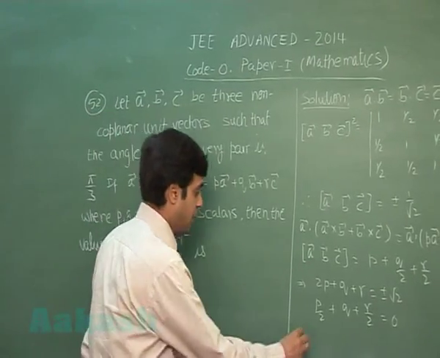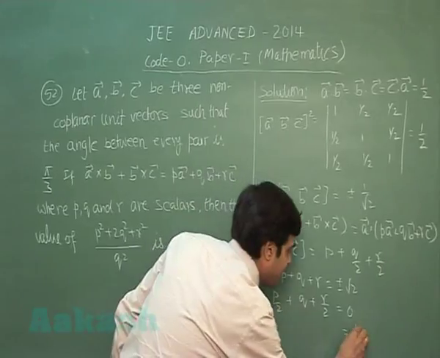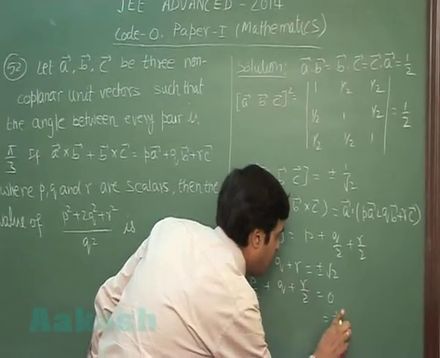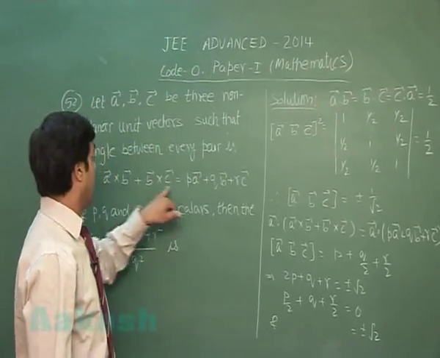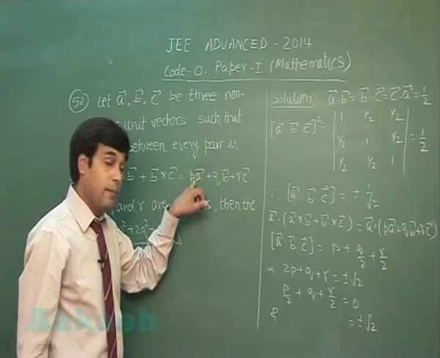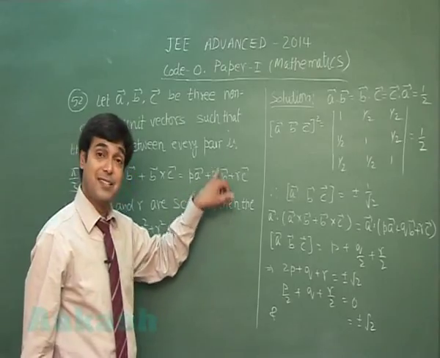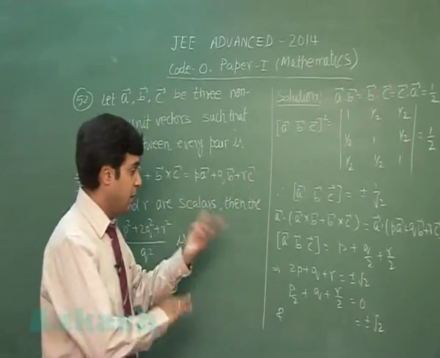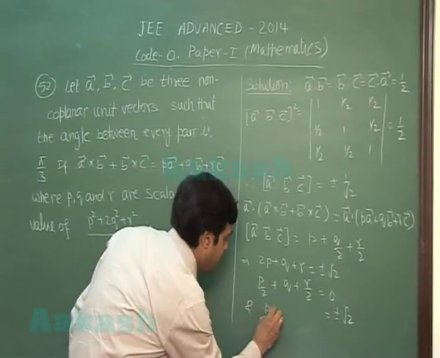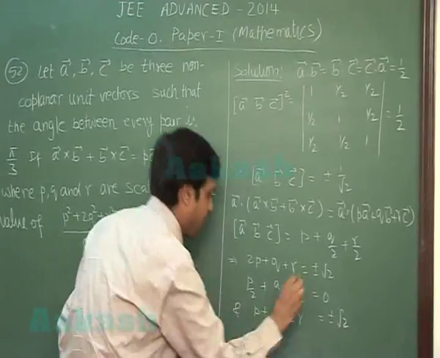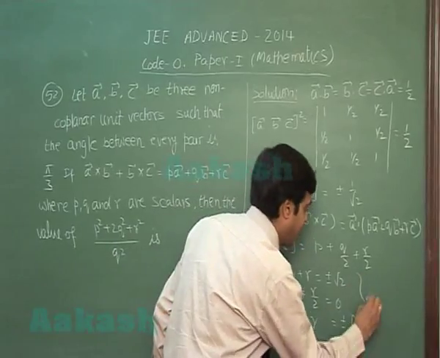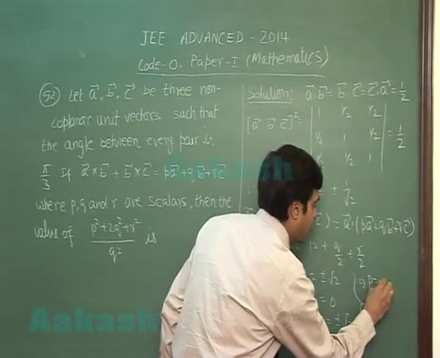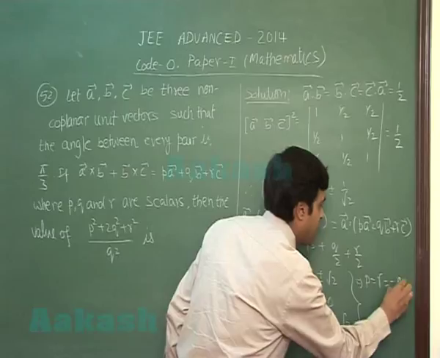So we obtain plus minus 1 by root 2, or on simplification it will become simply root 2. On the other hand, P by 2 plus Q by 2 plus R, we have taken LCM, it gives me P plus Q plus 2R. We can solve the three equations to get the result like P equals R equals minus Q.